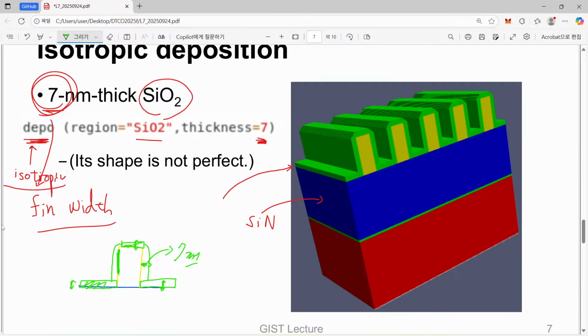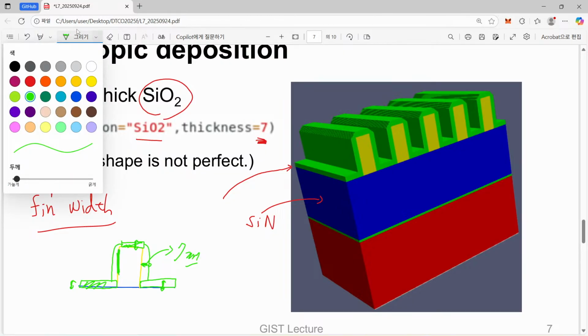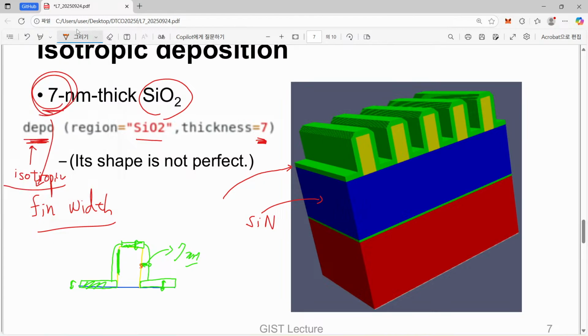So you can expect that even along this sidewall, you have 7 nanometer thick sidewall growth. This is the point.